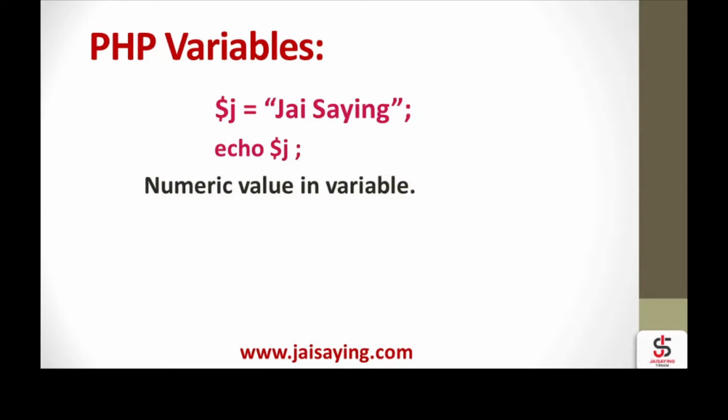You can also store a numeric value inside the variable, but remember, in case of a numeric value you don't need to write double quotes. Same thing, you type echo, dollar symbol and the numeric variable num.